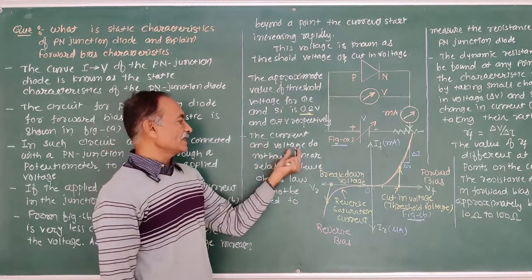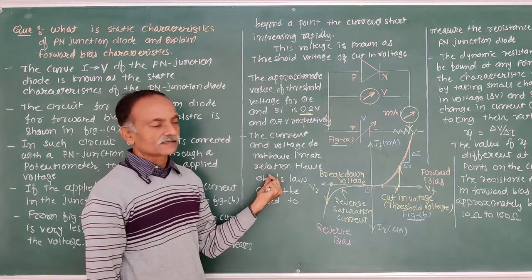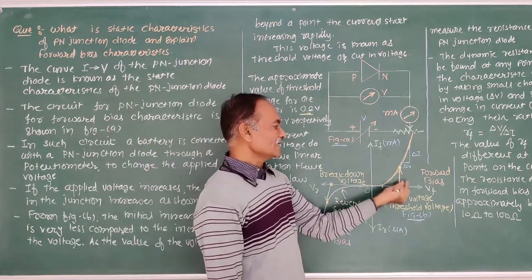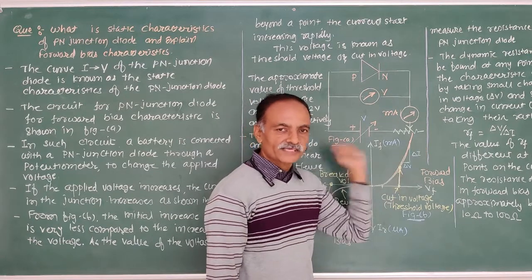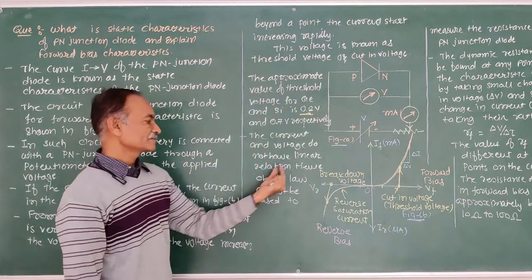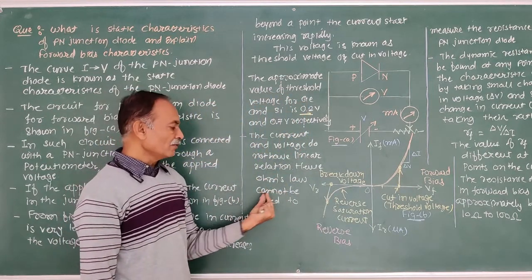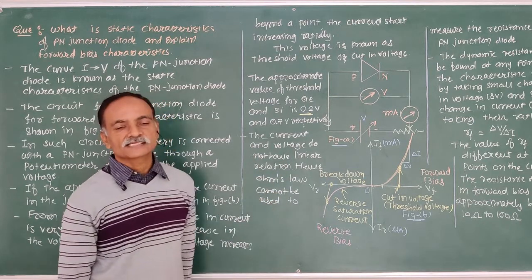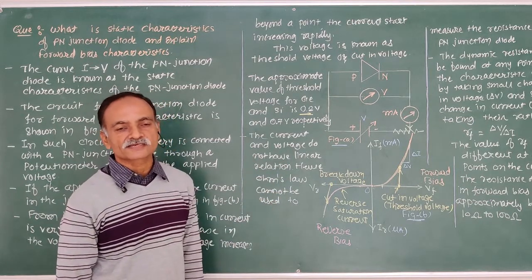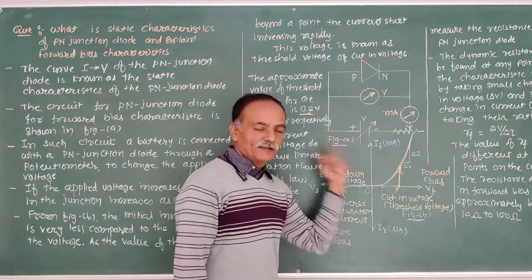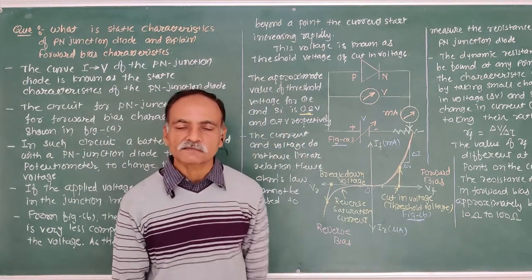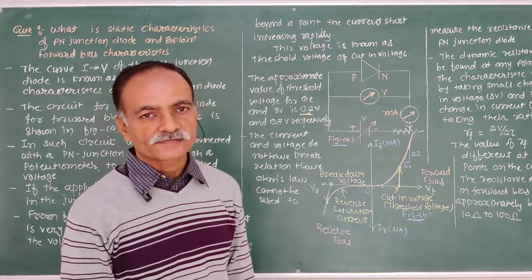The current and voltage do not have a linear relation. Here, the relation between the current and voltage is non-linear. That is the curved shape. Right? Hence, Ohm's law cannot be used to measure the resistance of the PN junction diode. So we can't apply Ohm's law to find the resistance of a PN junction diode.